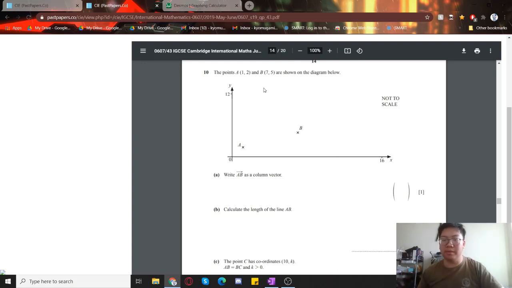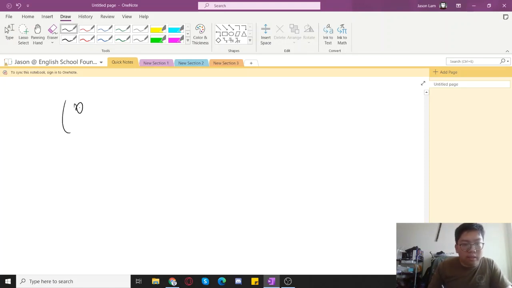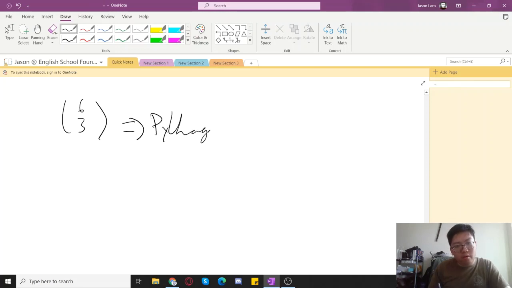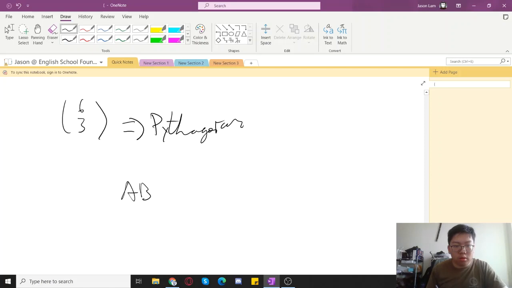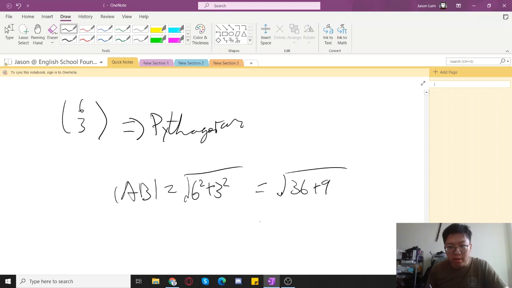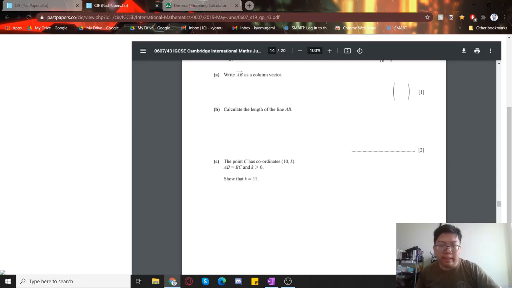From Pythagoras, this length AB is equal to root 6 squared plus 3 squared, which is equal to root 36 plus 9, root 45. Which is equal to what? 3 root 5. Yep, that's it.